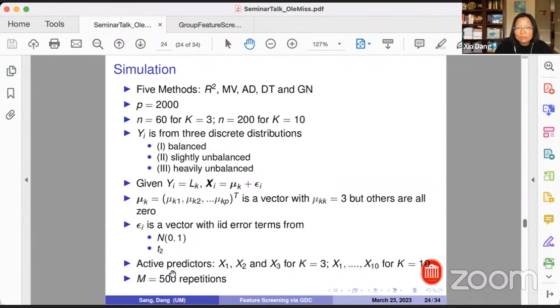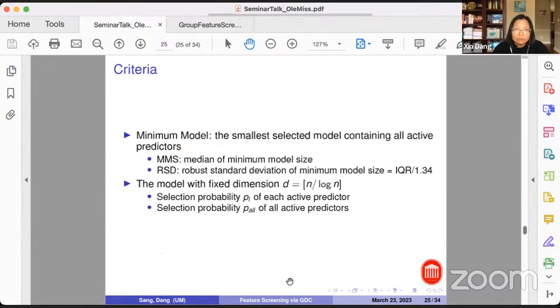In this case, we have active predictors. For k equals 3, the first 3, X1, X2, X3, are active predictors. For k equal 10, the first 10 predictors are active. And we repeat this 500 times, so we're able to output some criteria.